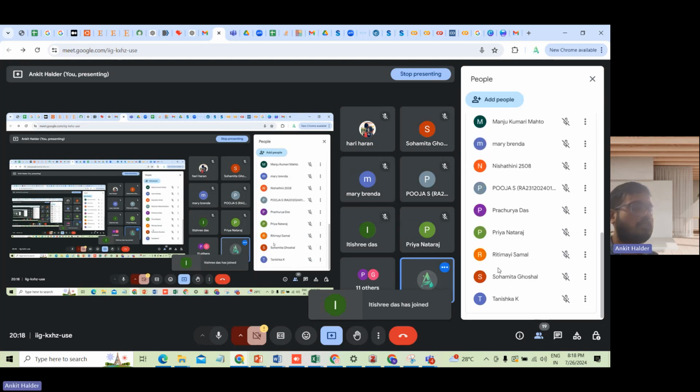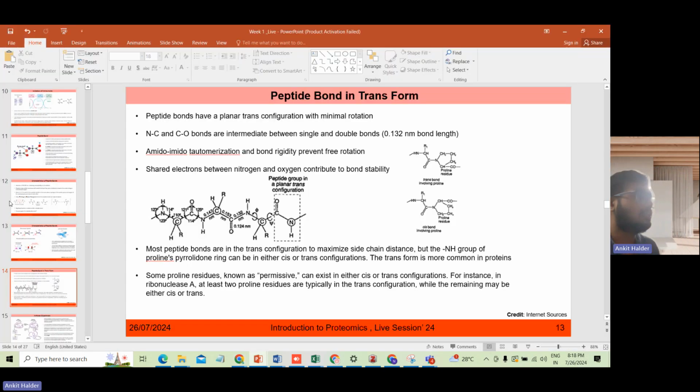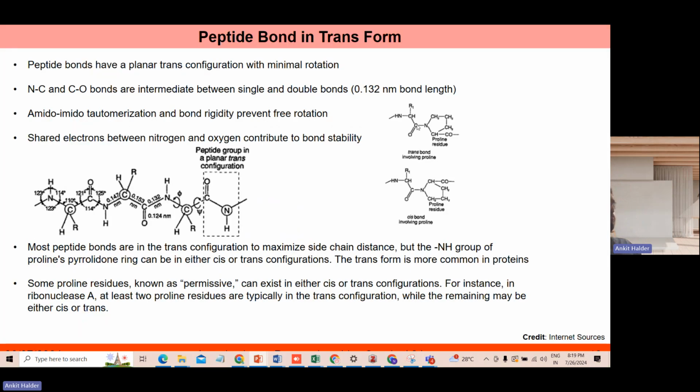Anyone would like to say what is tautomerization? Yeah, so basically the moving of the protons, right? The H from one place to another. So these are all preventing the free rotation.